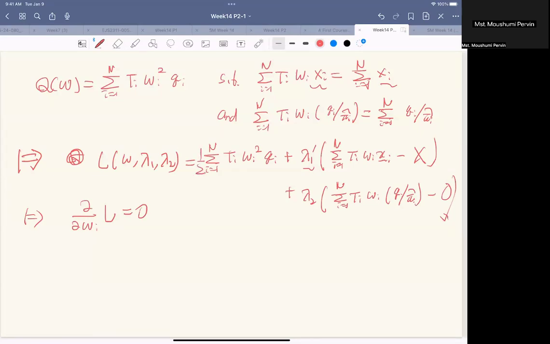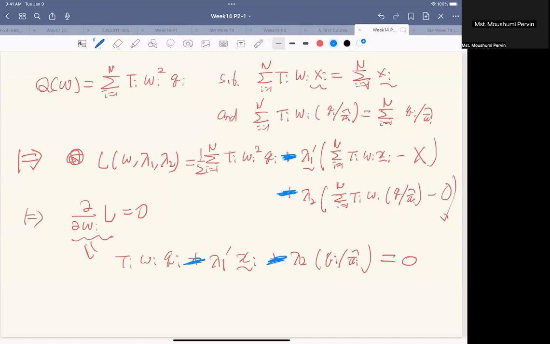Basically this guy is equal to Ti omega i Qi plus lambda 1 prime, omega i disappears, and so you have Xi and omega 2 Qi equal to 0. Actually, you can probably use minus, it doesn't really matter how you call it.